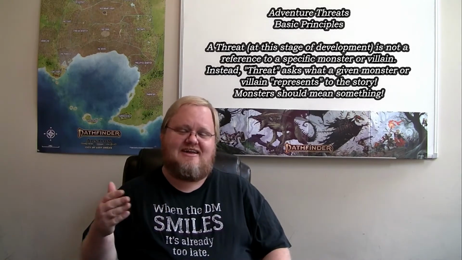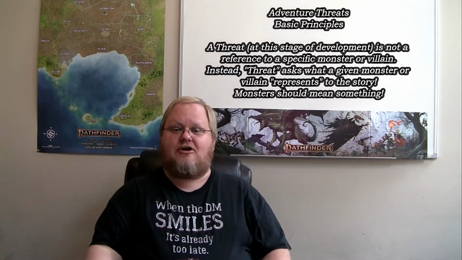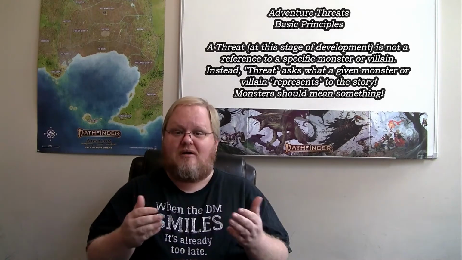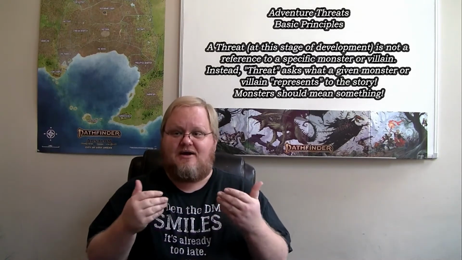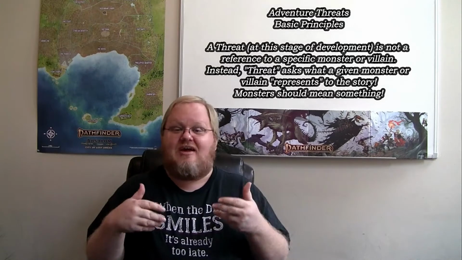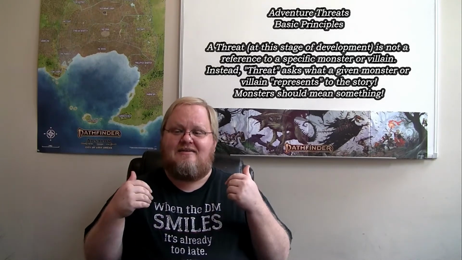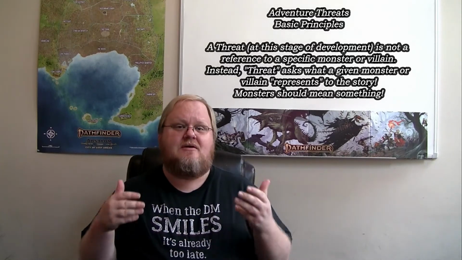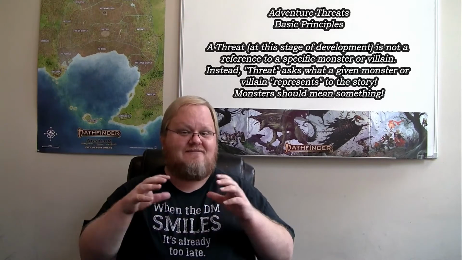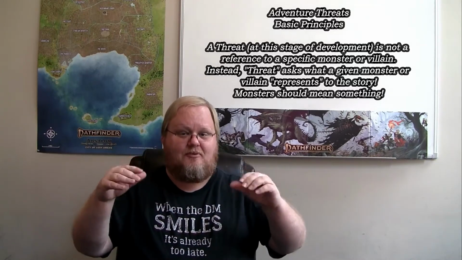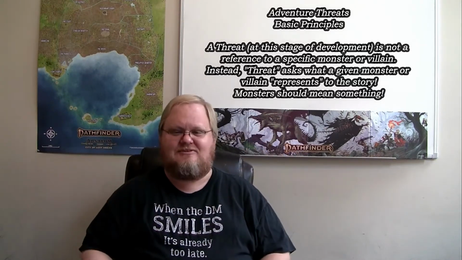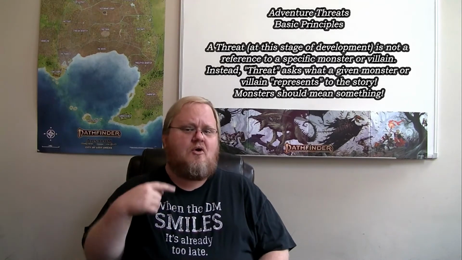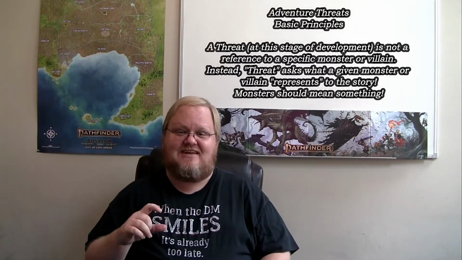When you are designing an adventure, your player characters are going to have some kind of problem, some kind of issue, some kind of threat that they are dealing with and that they need to overcome. But when we talk about adventure design, which is the middle point in the three-tiered structure that Paizo gives us, we have to remember we're not picking out the specific details.